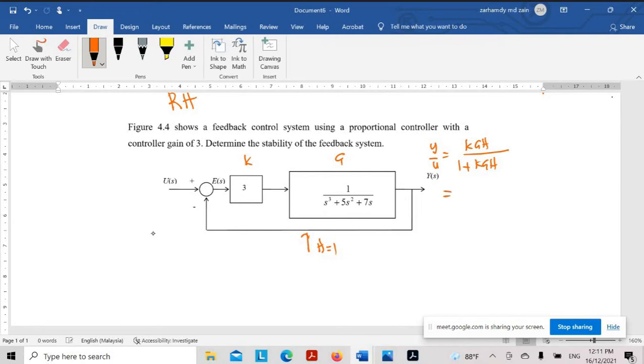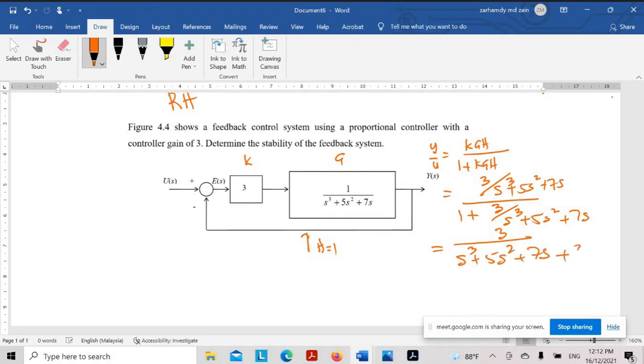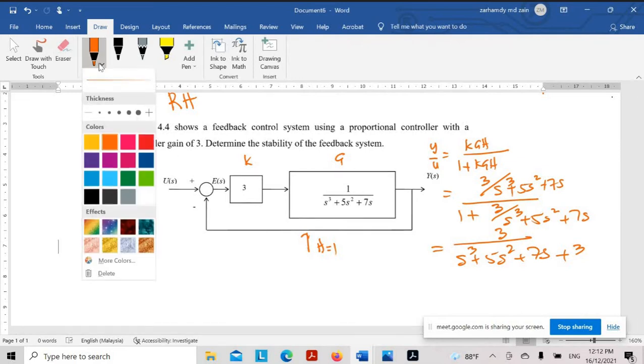From here, by calculation, we get 3 over S to the power of 3 plus 2S squared plus 7S plus 3.